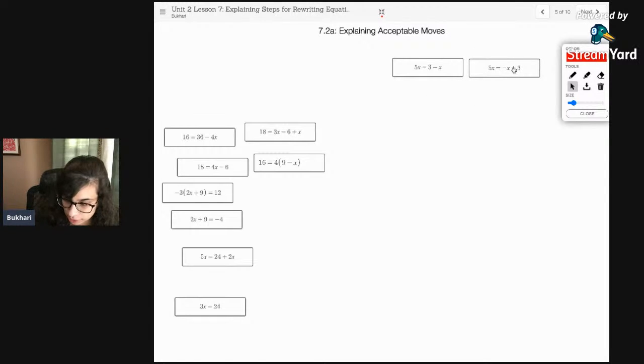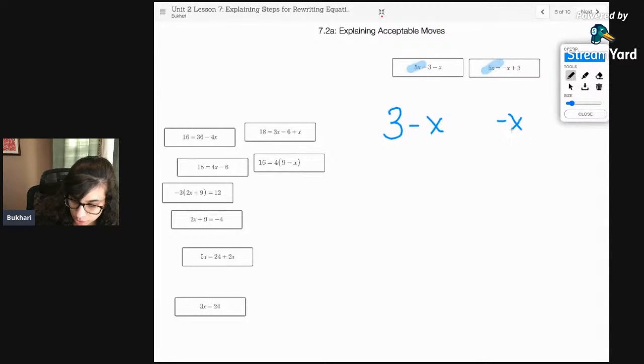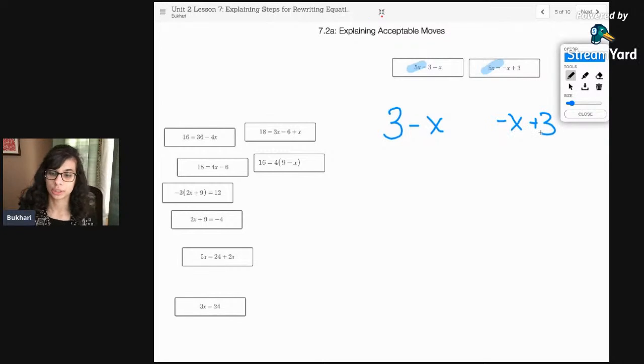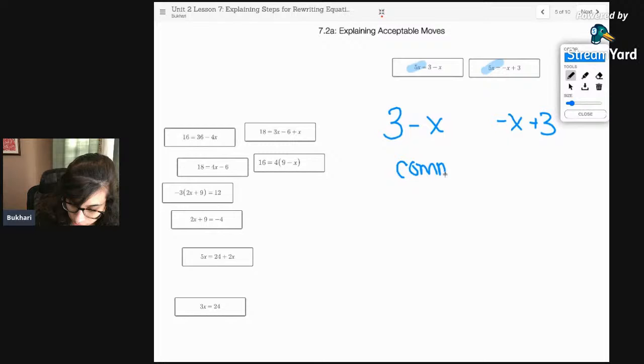So you can see that the left side of your equation is the same, right? We still have 5x on the left side, so nothing is done there. And so the question is, how are 3 minus x and negative x plus 3 related? And this goes back to our commutative property, right? Commutative property.